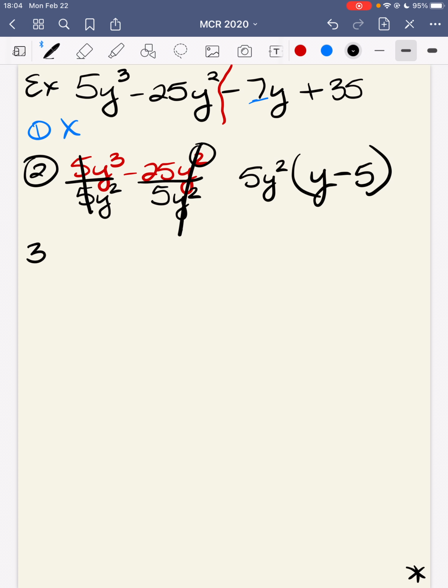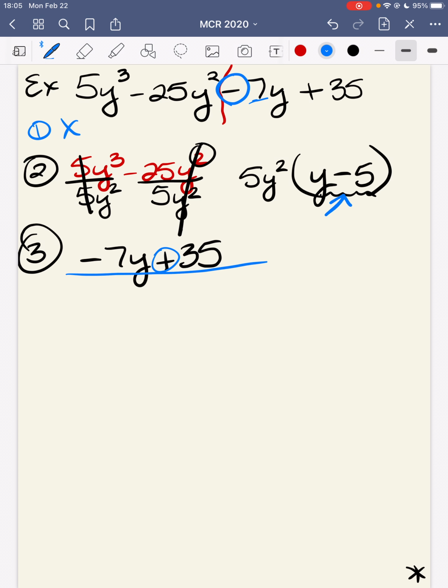Step 3 means I need to take my second group, and I'm going to include the sign here because we need it. Whenever you have a minus at the split, you're probably going to have to pull out a negative, which means your signs are going to change. All right? So I have negative 7y plus 35. Now, I need a y minus 5 when I do this, and right now I have this plus hanging out here. I need to pull out a negative to change my sign to make it match here. And so I need to pull out a negative, and both of these are divisible by 7.